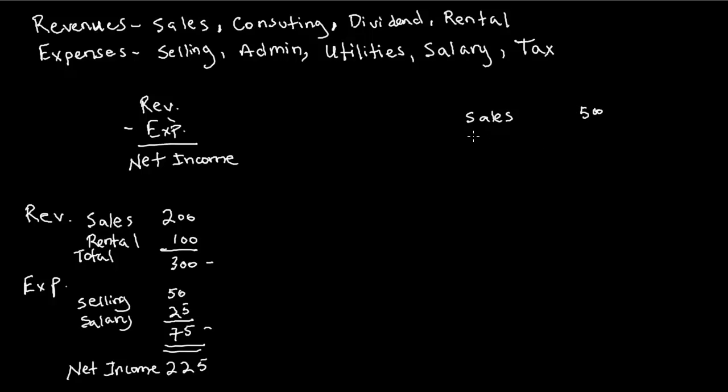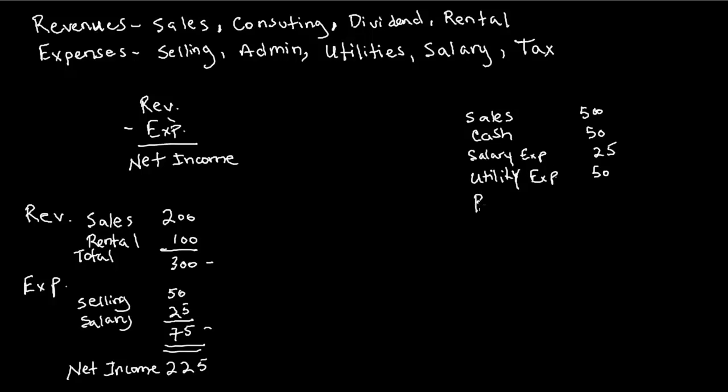Now, often on problems, you're going to see something like this, where you'll have sales of, say, 500. You may have cash of 50. You're going to have salary expense of 25. You may have utility expense of say 50.